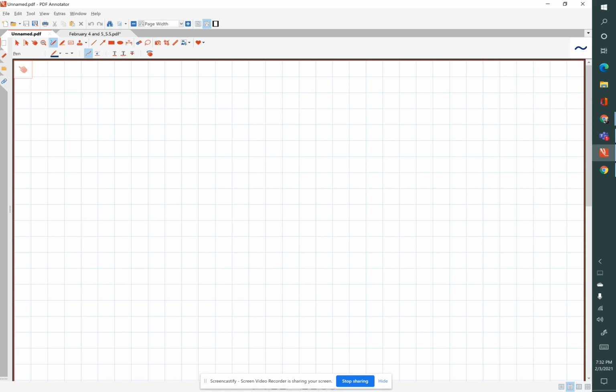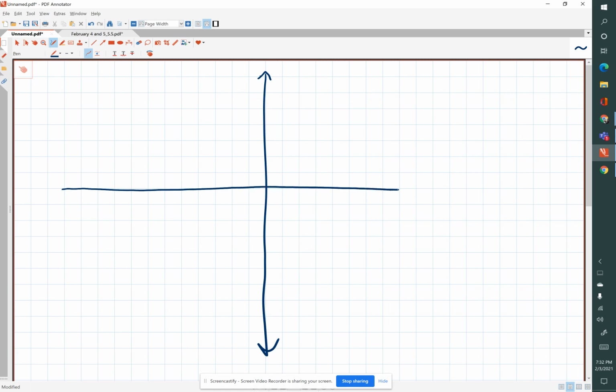Let's hand graph them. So here's our y-axis. And here's our x-axis. And we'll make each one of these units equal 1. So our first equation was y equals 4/3 x minus 6. So we're crossing the y-axis at negative 6.